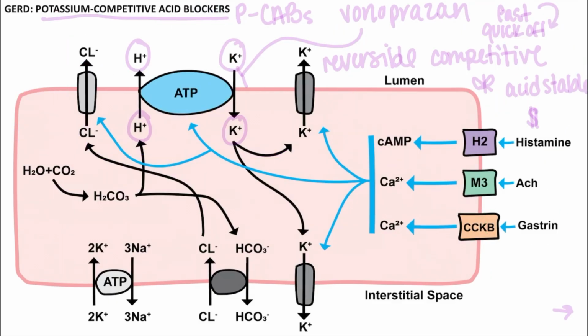Now, before we move on to our other more established agents, I do want to take this opportunity to introduce a novel class of agents known as the potassium competitive acid blockers, or the PCABs. And this would be agents like vonoprazan, which were recently approved as another acid suppression therapy option aiming to circumvent some of the pitfalls of PPIs.